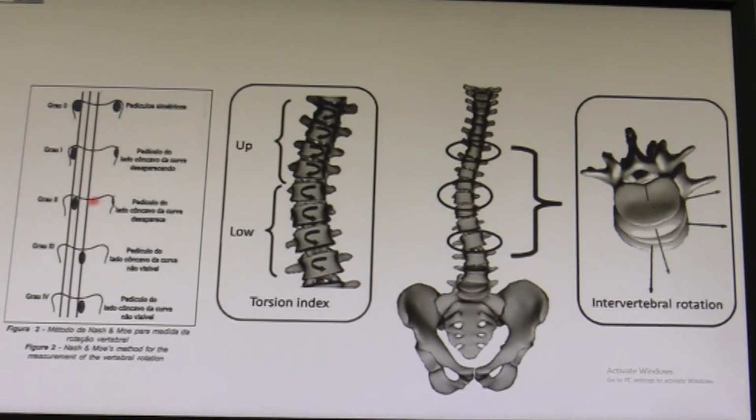In grade 2, the pedicle on the concave side is nearly diminished, but there is still a trace, and the pedicle on the convex side goes more medial. In grade 3, the pedicle on the concave side has diminished totally, and on the convex side it is in the center.